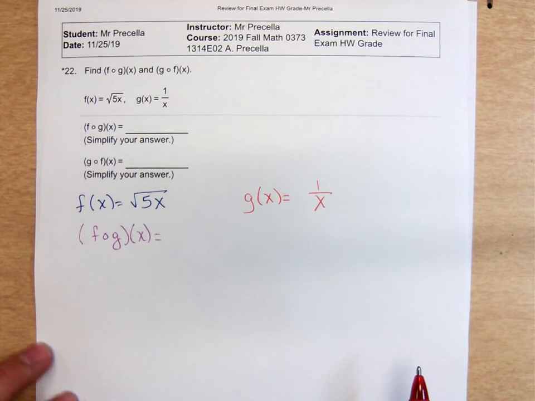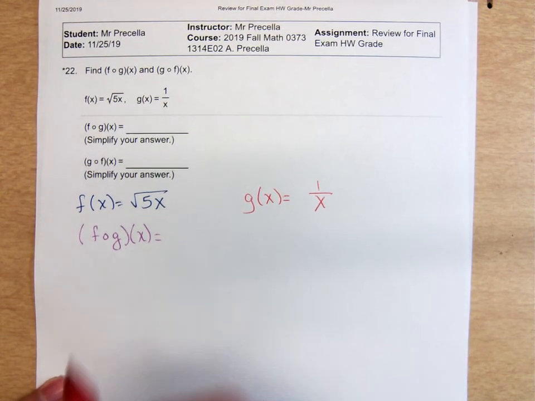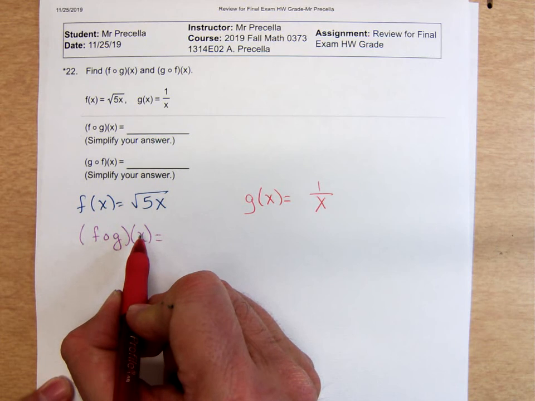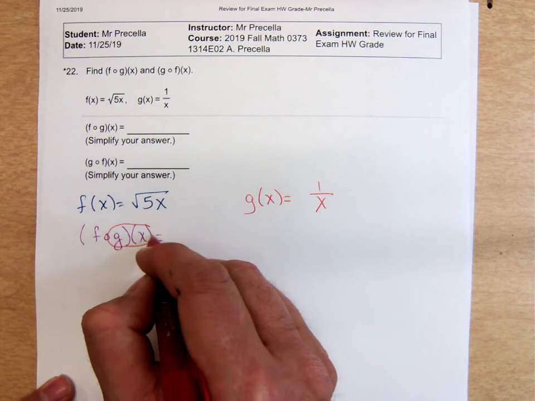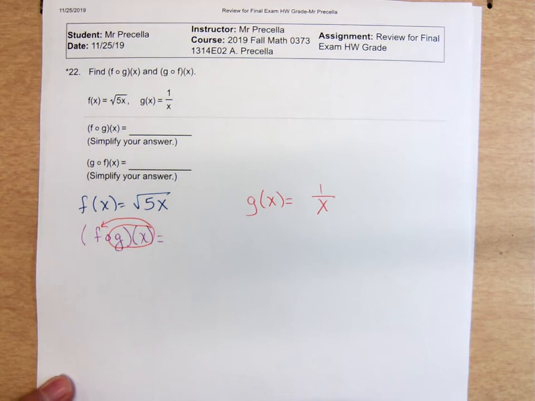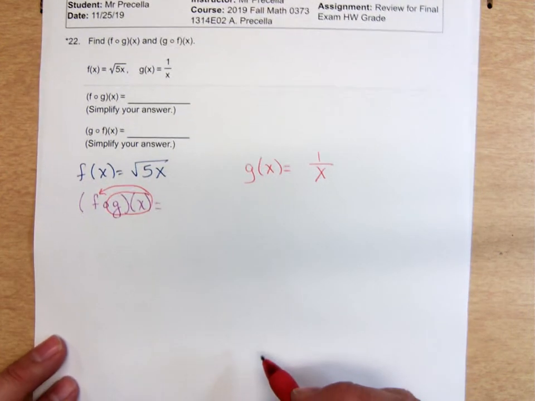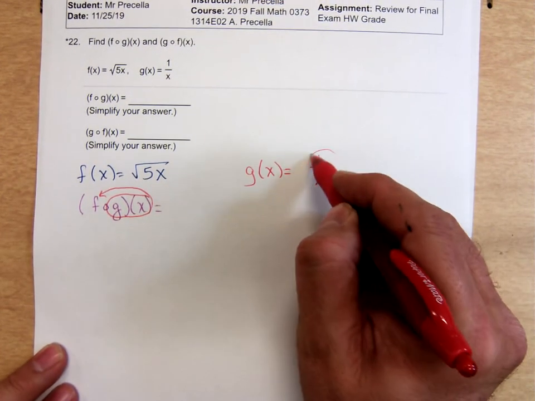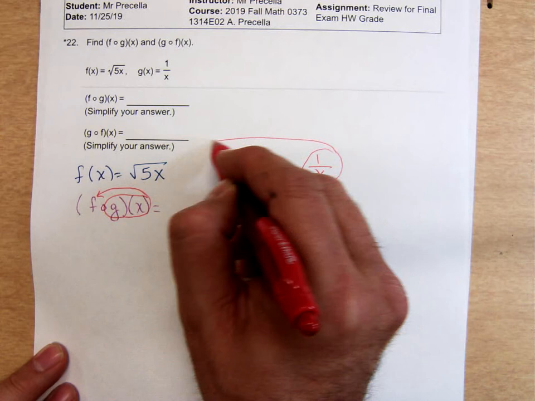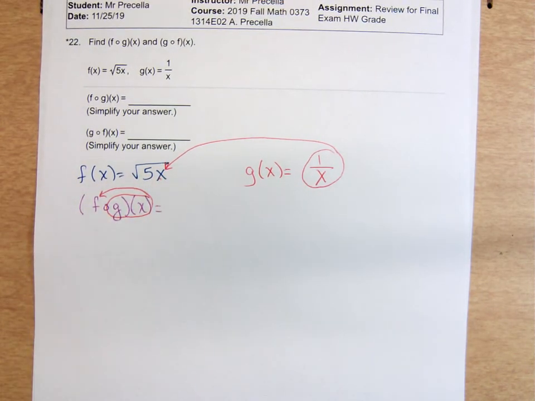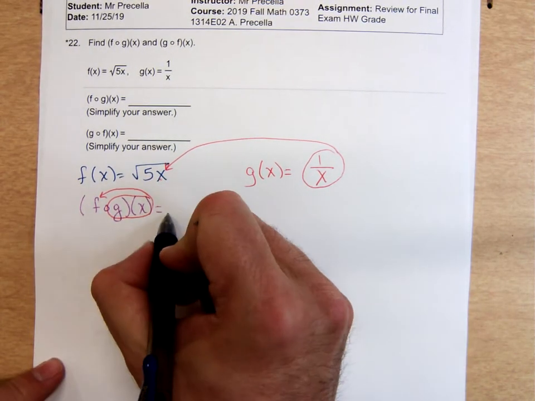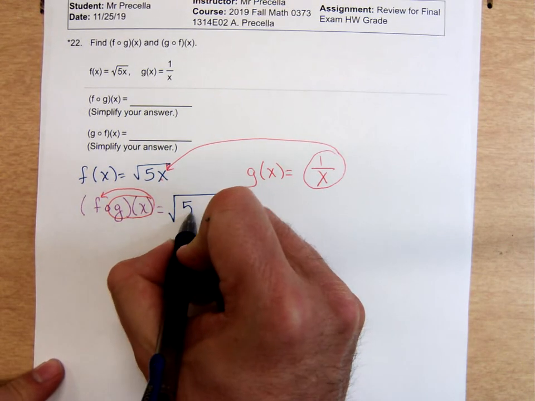So let's see, this f of g of x means plug g into f. So I'm plugging g into f. So in place of that blue x, I'm going to have a red 1 over x.